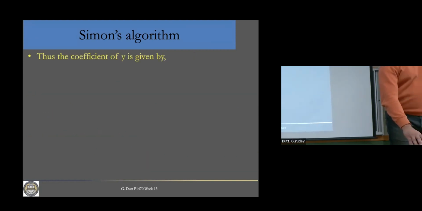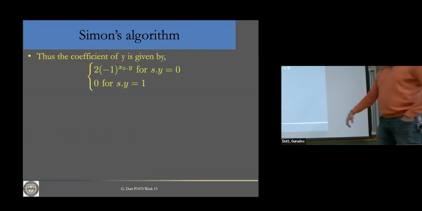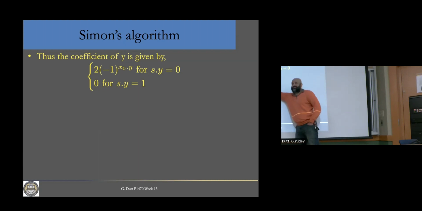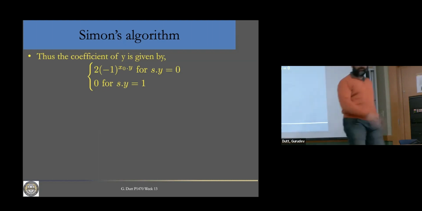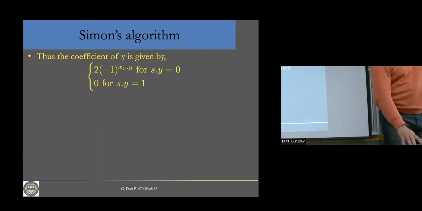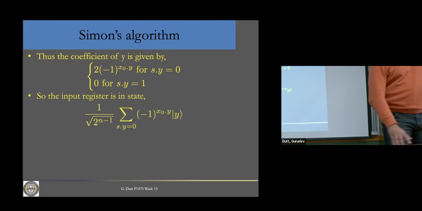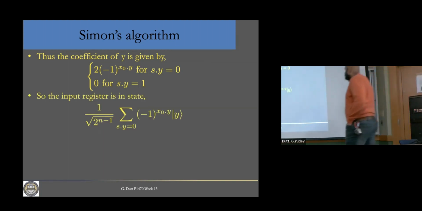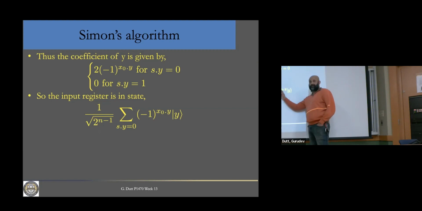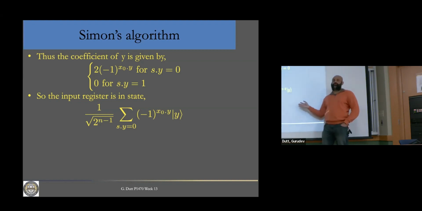All the other ones will not have any amplitude. That is, when s dot y is equal to 1, they just have a coefficient of 0. So in that whole pattern, only the ones that satisfy s dot y equal to 0 will be left behind. I don't care what's in this summation anymore, because I just know that I'm going to get some output y such that s dot y equals 0.